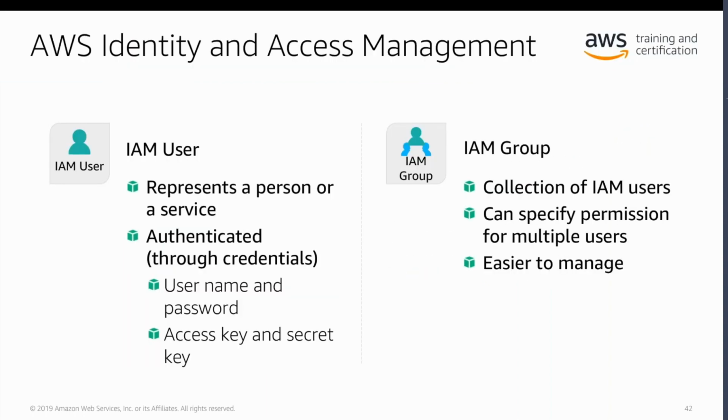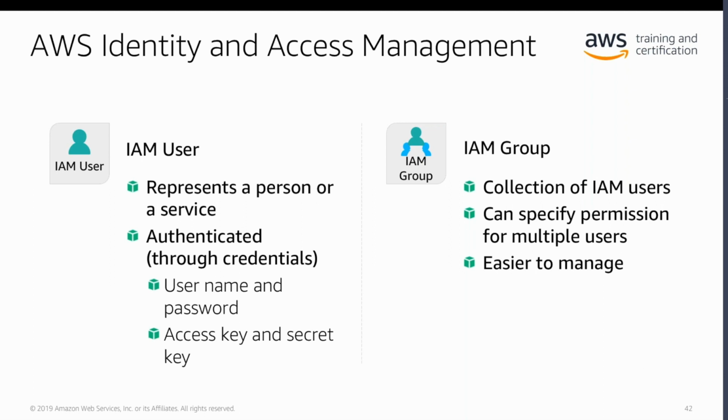Now, all API calls into AWS have to be authenticated, and the service that we use to authenticate users in AWS is IAM, Identity and Access Management. In IAM, we can create users, we can create groups, and we can also create something called roles.